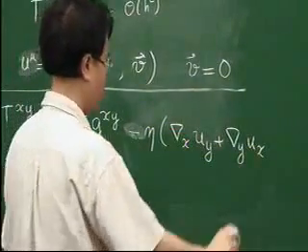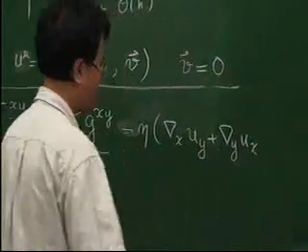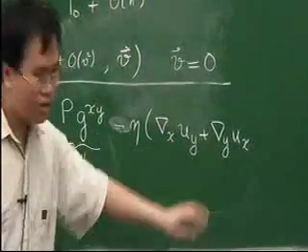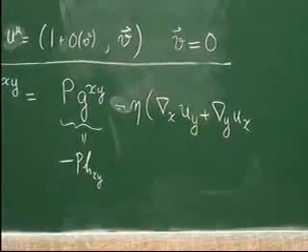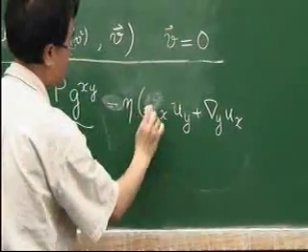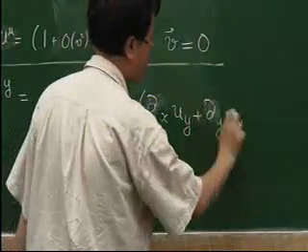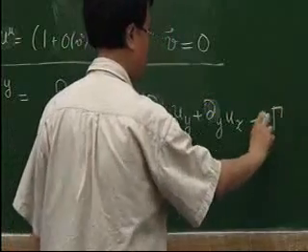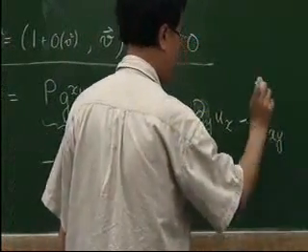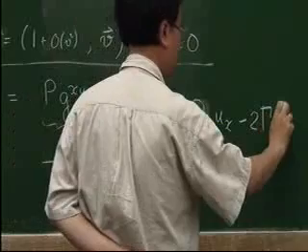The thing is that here we have covariant derivatives, and a covariant derivative is the usual derivative minus the Christoffel symbol times u mu.